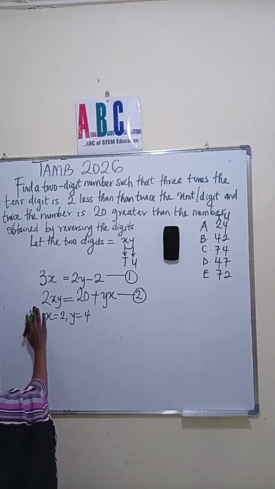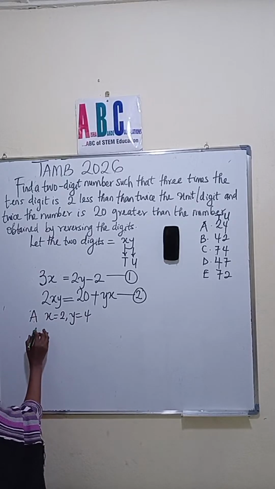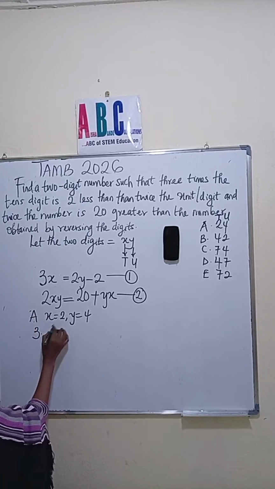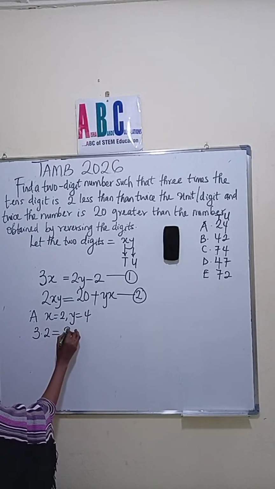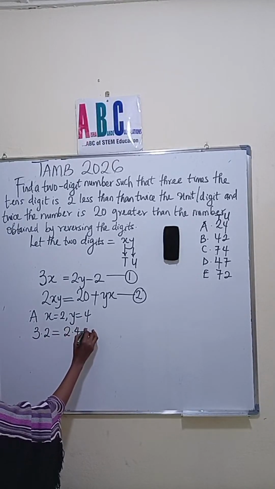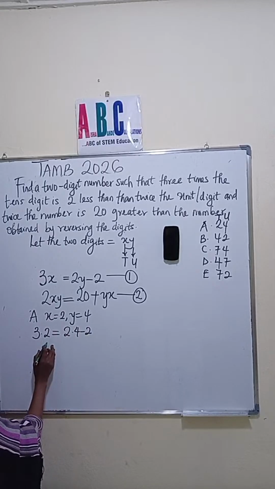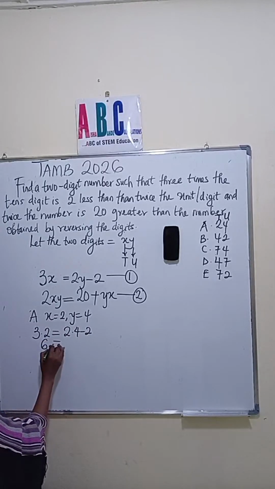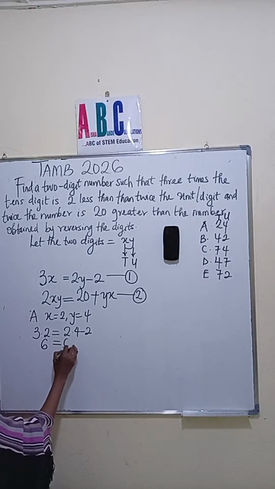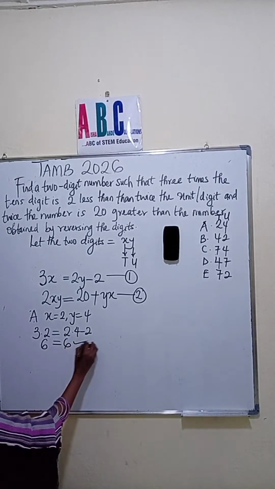So now we are dealing with option A. This will become 3 times x, which is 2, is equal to 2 times y, which is 4, minus 2, right? So 3 times 2 here is 6. 6 equal to 6, yes. Equation 1 is satisfied.